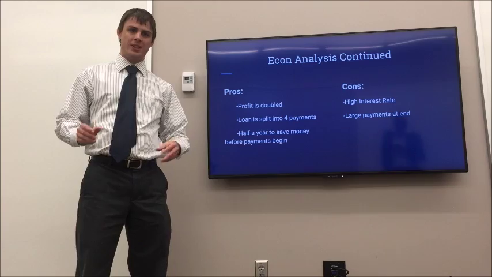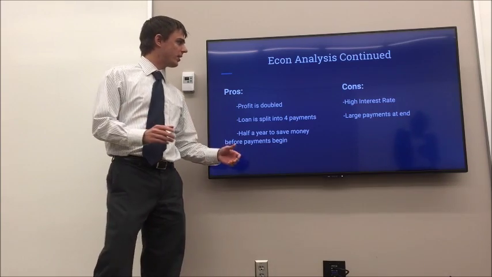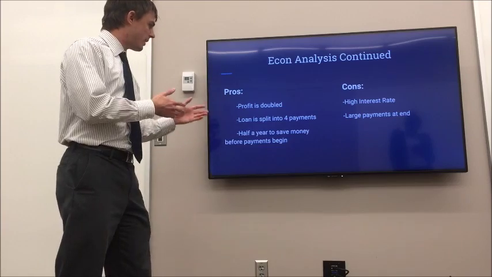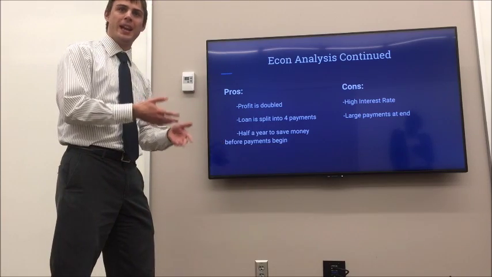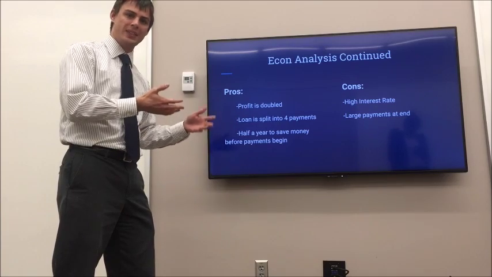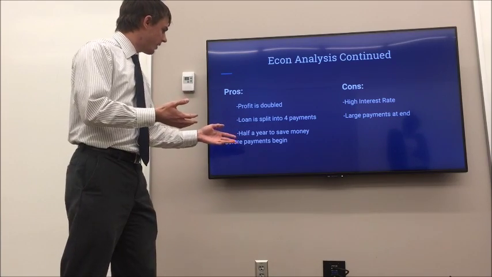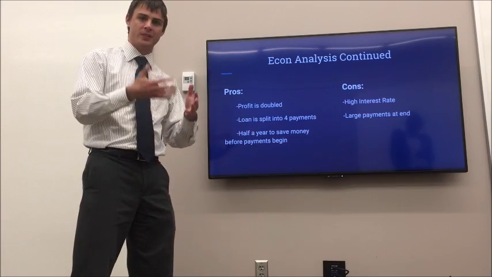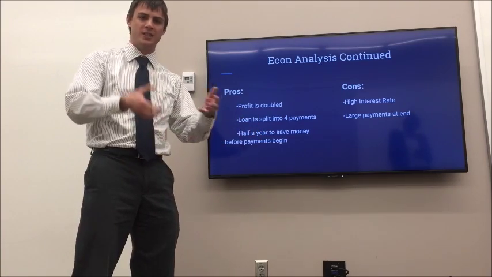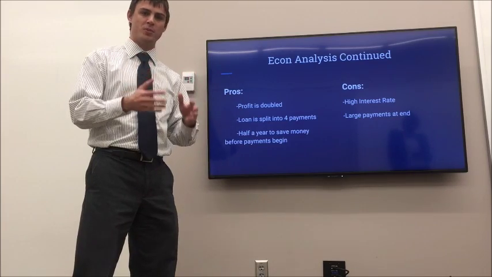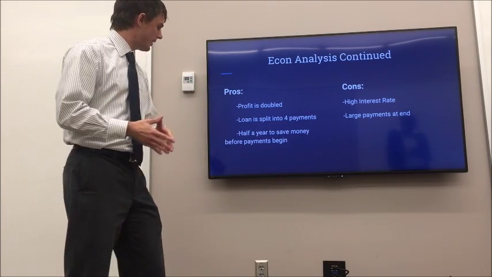The loan I mentioned in the previous slide also has some pros and cons. On the pro side, our profit is nearly double with about $8,000 return, providing a maximum revenue of about $29,000. Of course, the loan is split up into 4 payments, which provides more safety for VTEPs so they can change the loan amount or cut it off based on projected performance of our product.